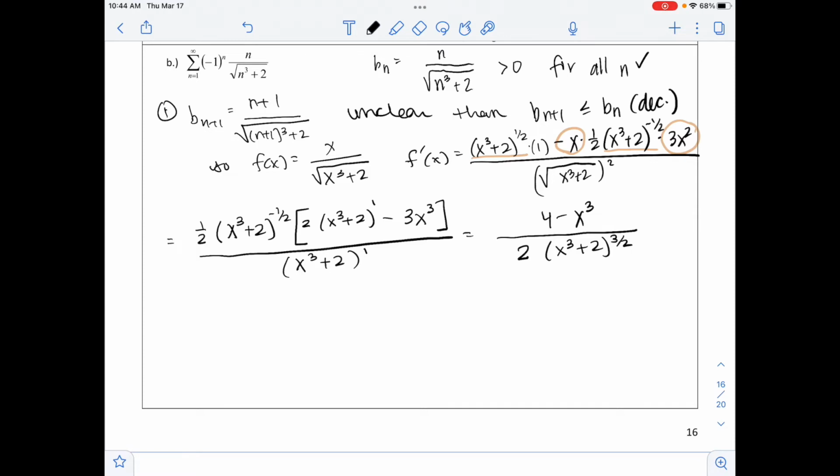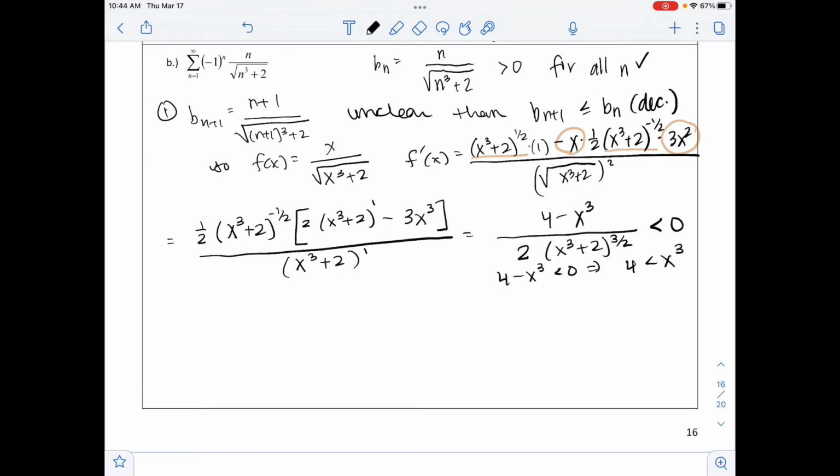And we need to see that this is going to be decreasing, or less than 0. And so in order to do that, the denominator is always going to be positive. So that means that the numerator would have to be less than 0, which means that we'd have 4 is less than x cubed.